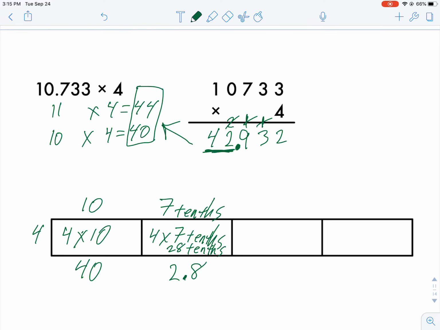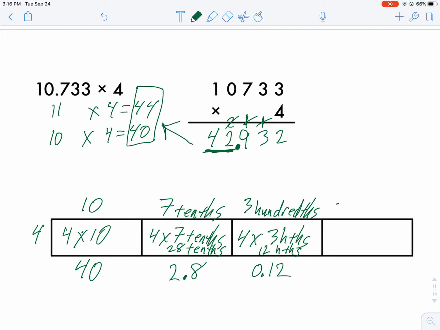And then we have 4 times 3/100, and that's 12/100, which is 0.12.